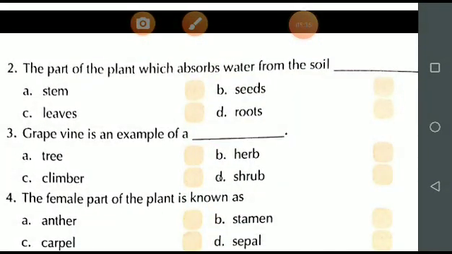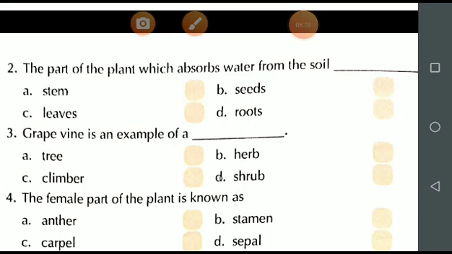Now question number 2. The part of the plant which absorbs water from the soil. Option A is stem.